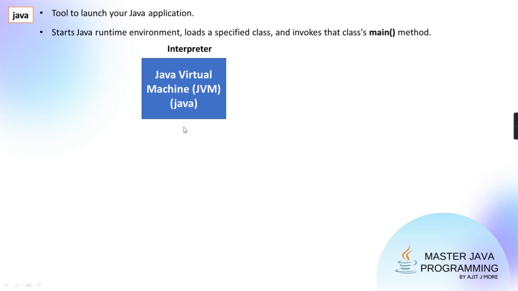Okay, so see here, the Java virtual machine, you call it an interpreter. It takes your Java executable, that is your bytecode, and bytecode is your class file. But you have to give that class file only to this tool, which is having main. Now you may say, if I'm having many other classes which are not having main, no problem.